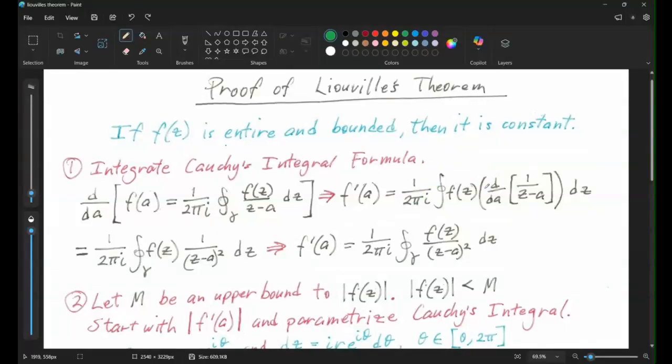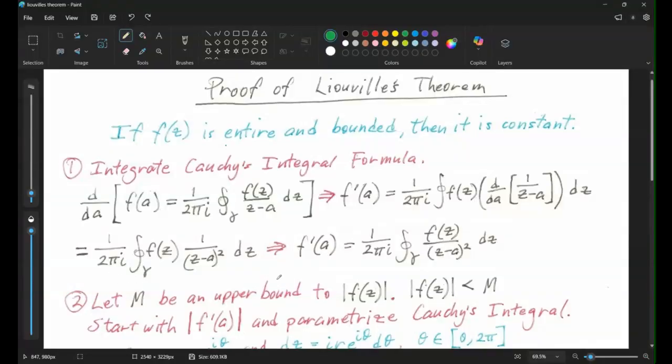And that's what I've done here. Since f of z is constant with respect to a, this is all we need to do. When you take the derivative of that with respect to a, you get this. And then you can set f of z back up here. That's all I've done here.